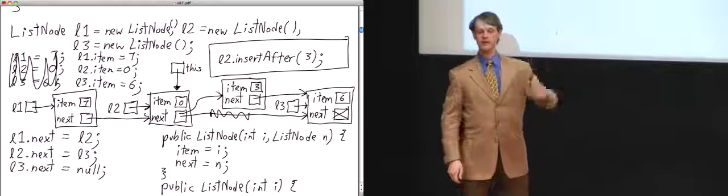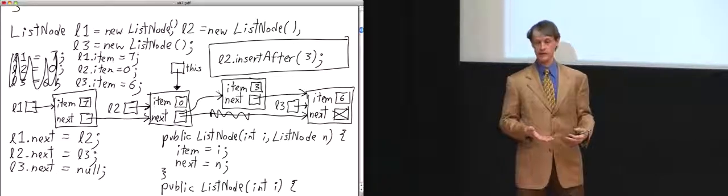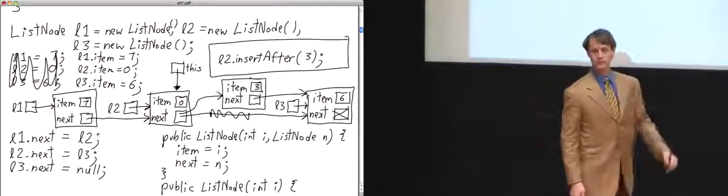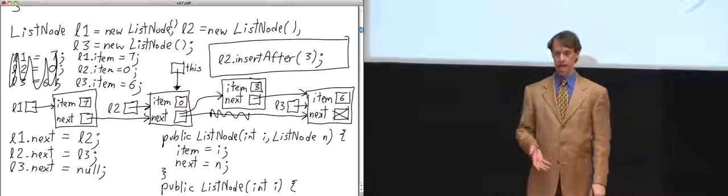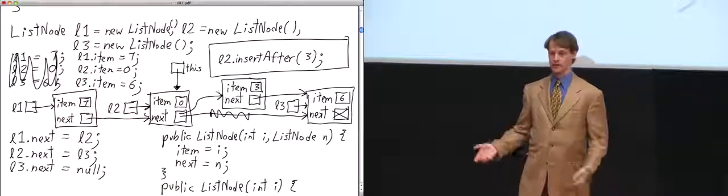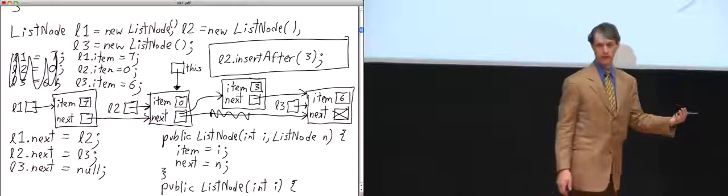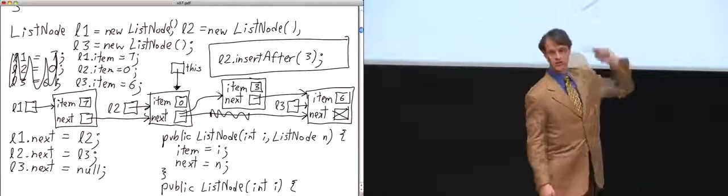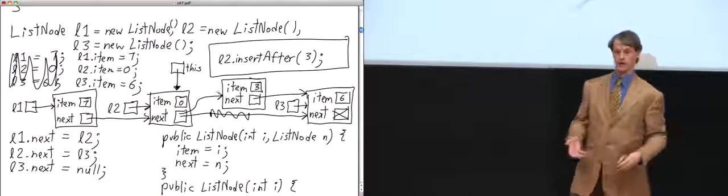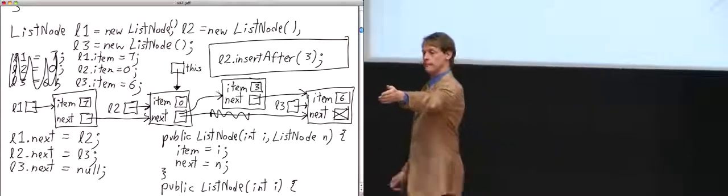Right, so we have created a new node that does not have any variable referencing it. We can create a variable called L4 that points to that node afterwards in the main program if we want to, by just setting it to L2.next right after we call insertAfter.